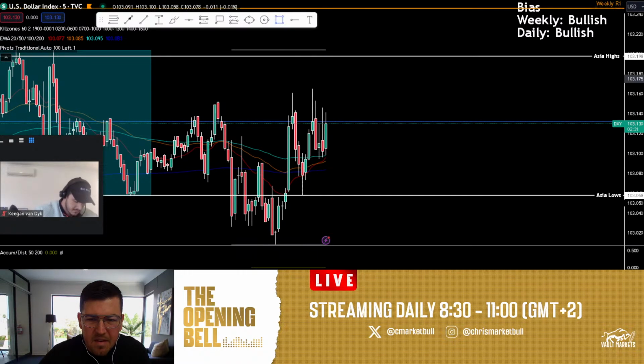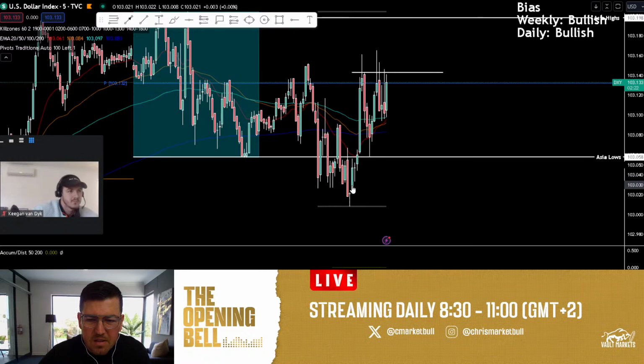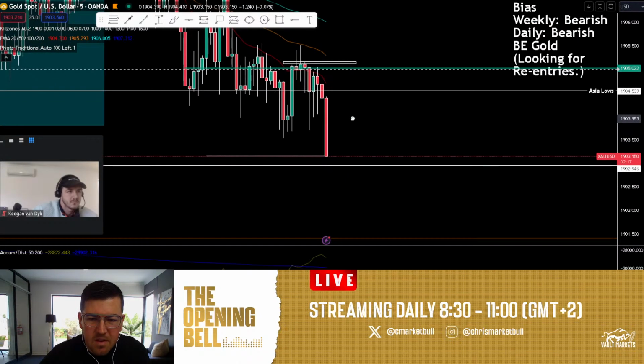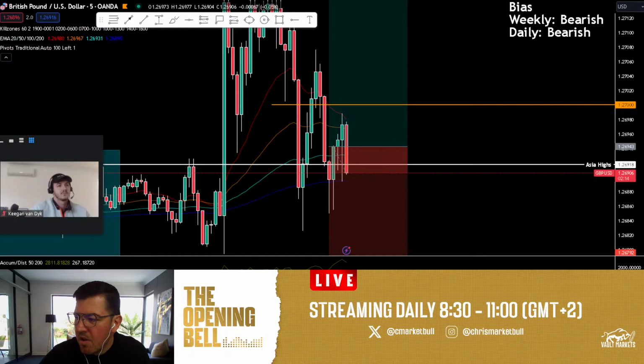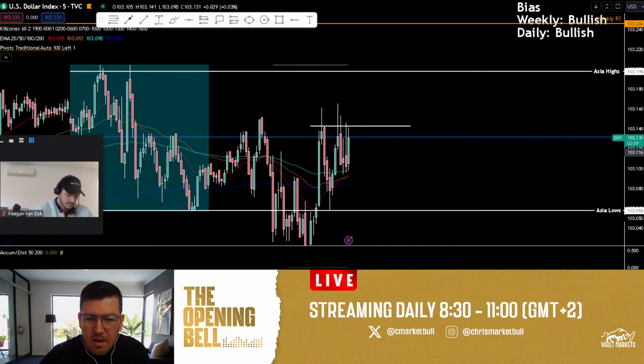Because here's my thing, if DXY is going to break the structure here above the daily pivot, then as mentioned, this was the fake out, spiking Asia lows, trading back above the pivot, and then we'll actually see gold coming all the way down. We will see GBP USD coming all the way down.